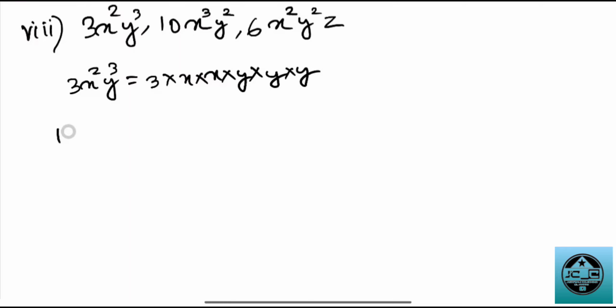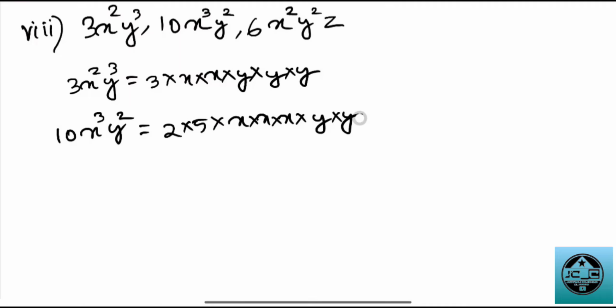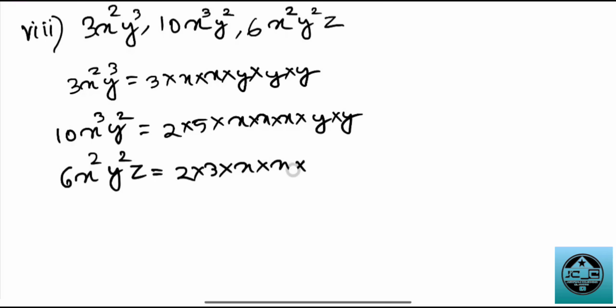Clear? And the second term is 10x cube y square. It should be 2 into 5 into x into x into x into y into y. And the last one, the third term, 6x square y square z. It is 2 into 3 into x into x into y into z.